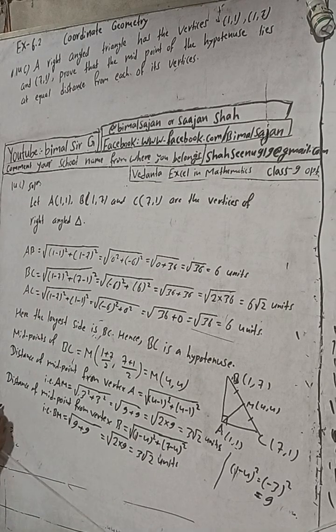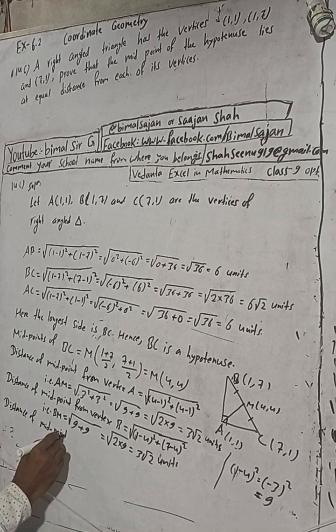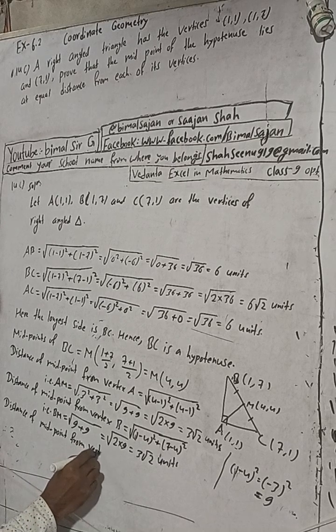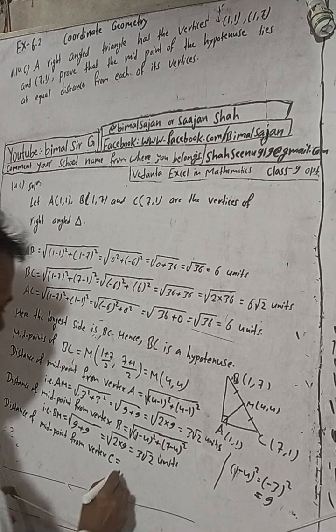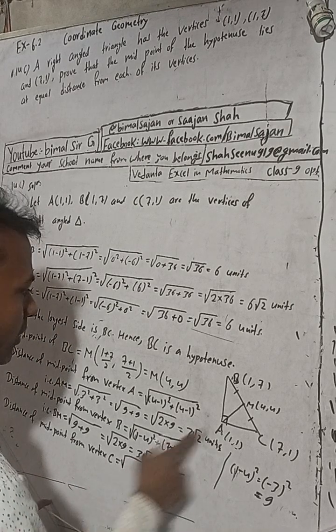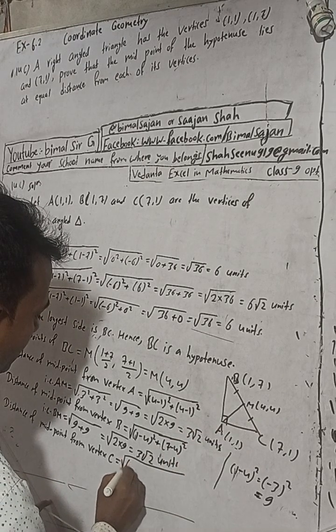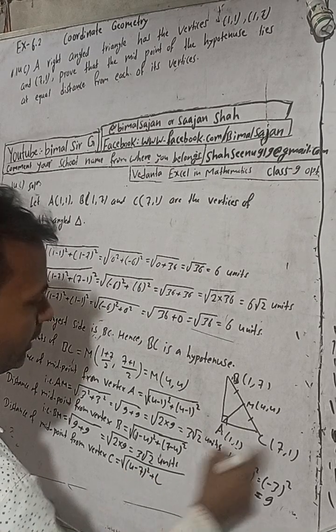Now the distance of the midpoint from vertex C. The distance of this from vertex C is root under (4 minus 7) whole square plus (4 minus 1) whole square.